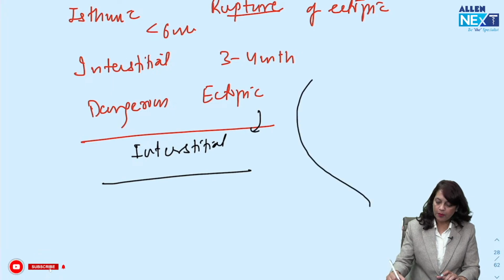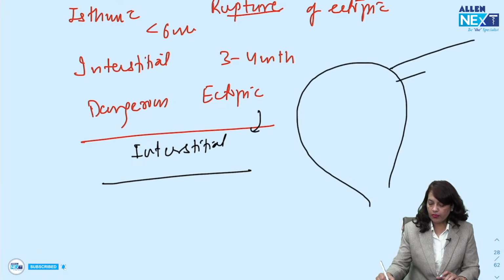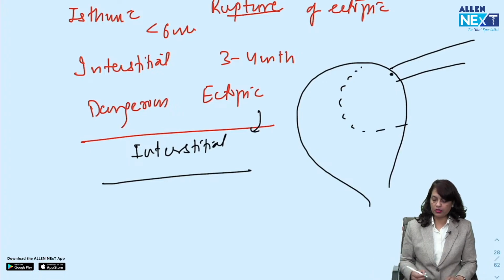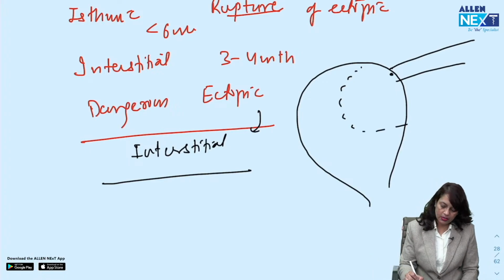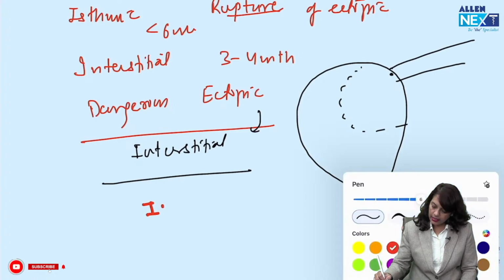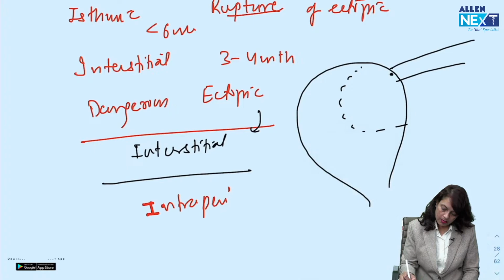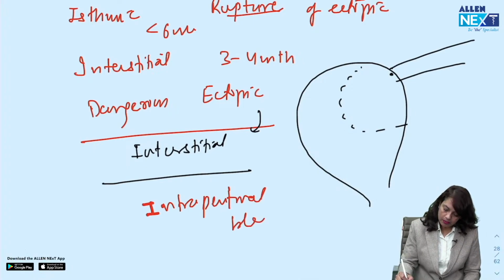Interstitial is a dangerous ectopic pregnancy because when the pregnancy occurs here, this baby can grow in the uterus, and when it ruptures, it gives an intraperitoneal bleed.